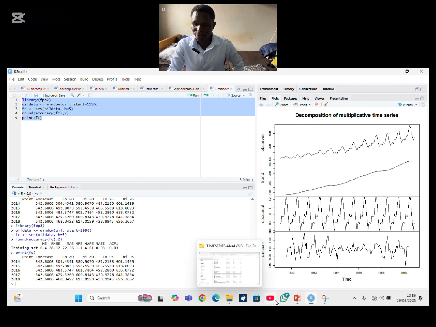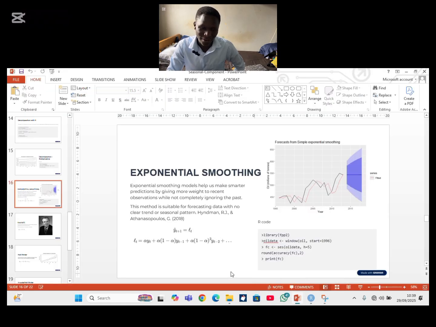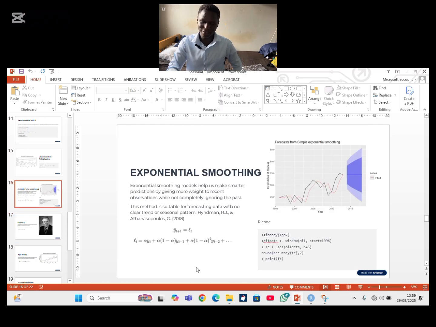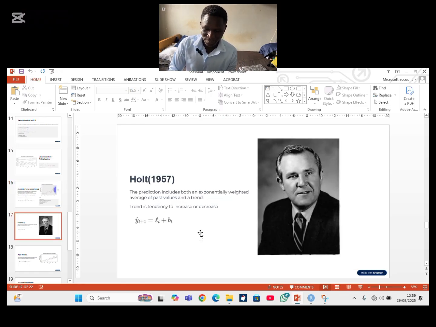But if you're forecasting longer horizons, exponential smoothing won't do, though it can still help you forecast. Now, we have said exponential smoothing doesn't mind whether you have trend or seasonality. What Holt did was advance exponential smoothing, and he added in the component of trend.